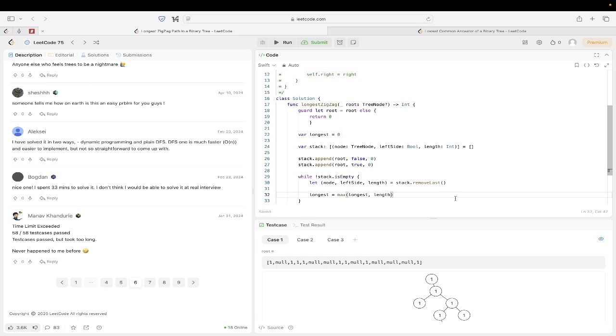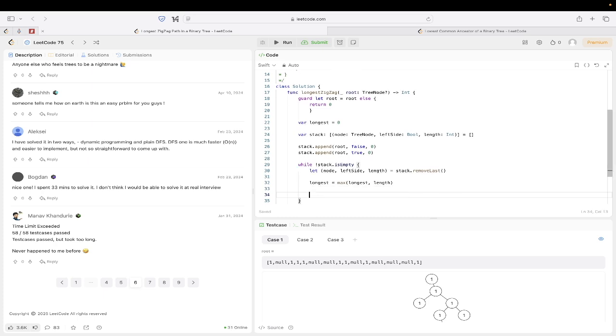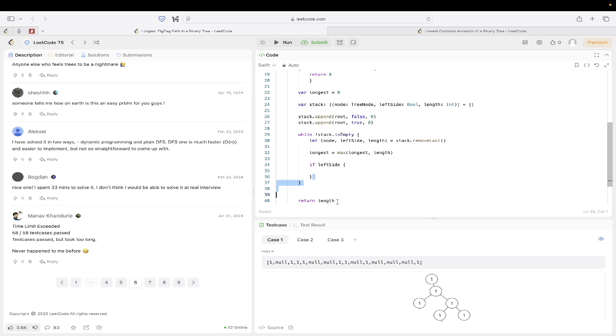Okay, so we have our longest length so far. What we need to do: if we're from the left side, we're going to do something else.